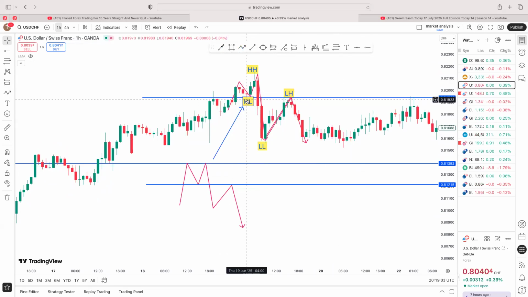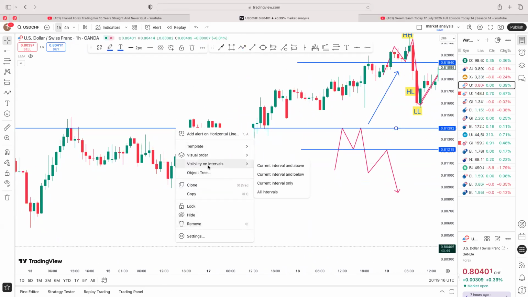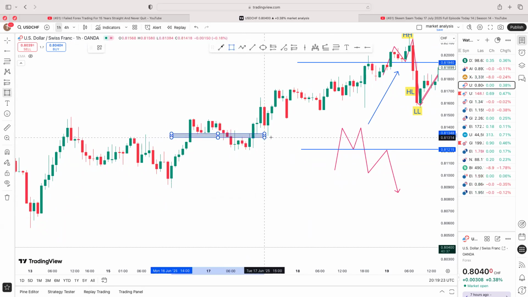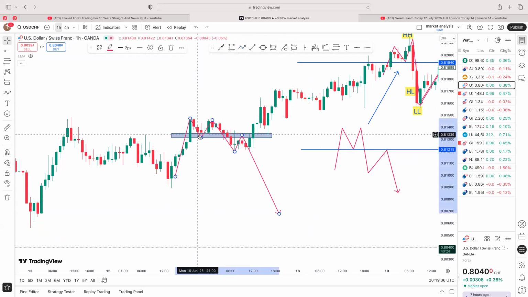And if you look at this, you've got a neckline right there. I'll show you something as well. Here we've got an M pattern. I want someone to tell me why it didn't hold. Why was it not valid?